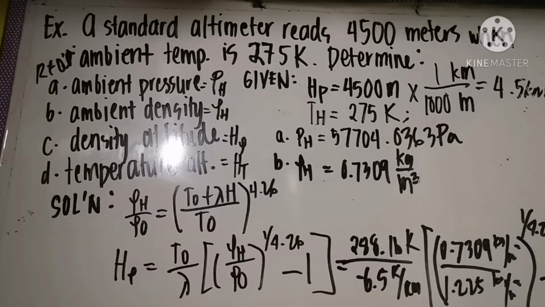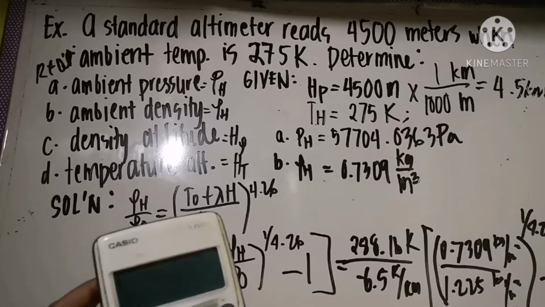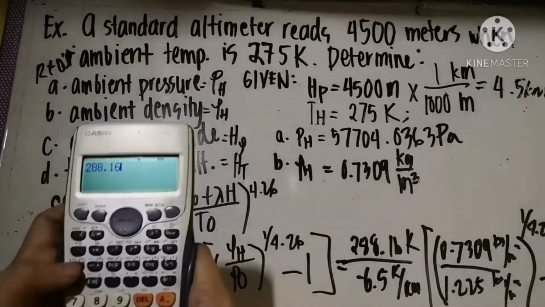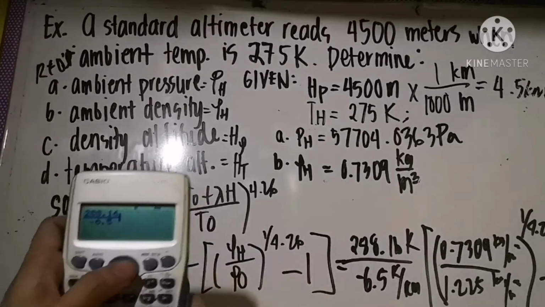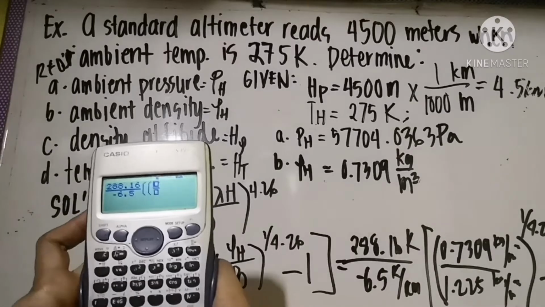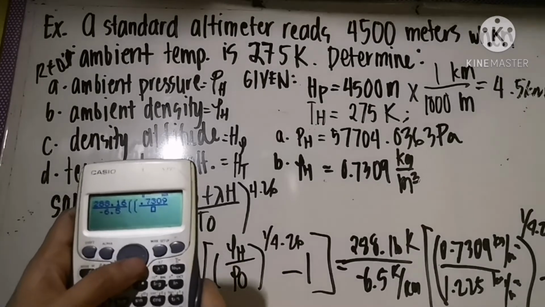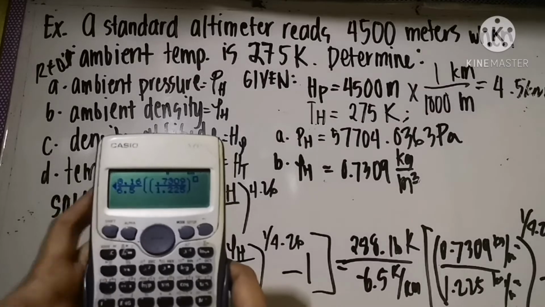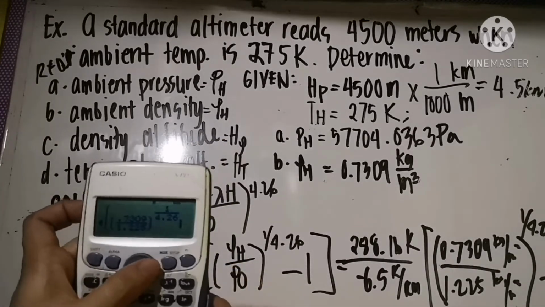So, what will be our density altitude? So, density altitude is 288.16 divided by negative, don't forget the negative sign, negative 6.5, and then 0.7309 na ambient density over 1.225 na SSLC density raised to 1 over 4.26 minus 1.